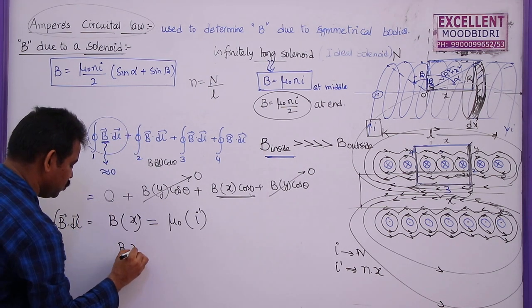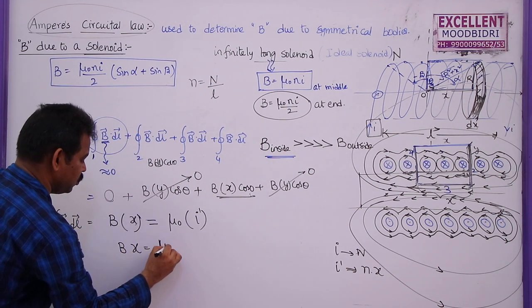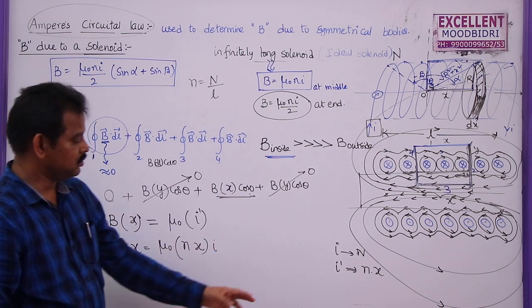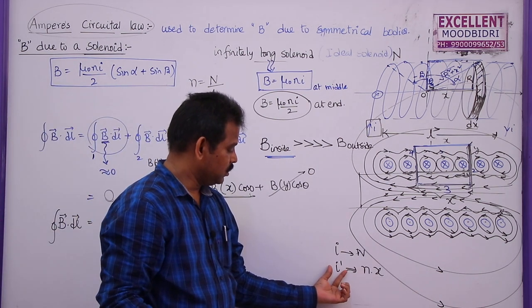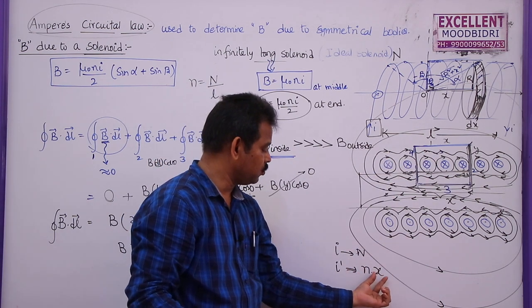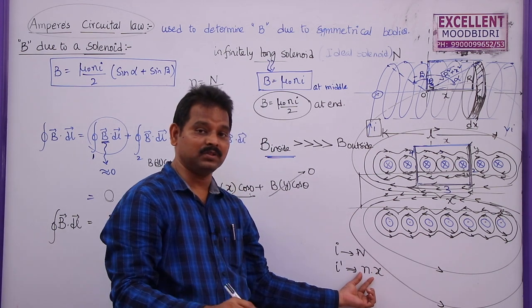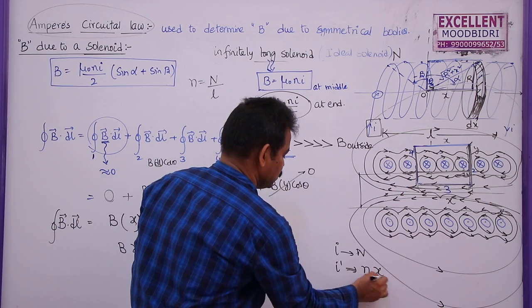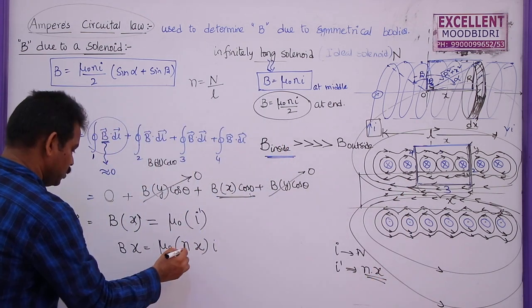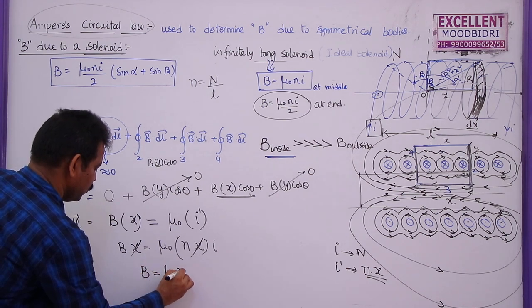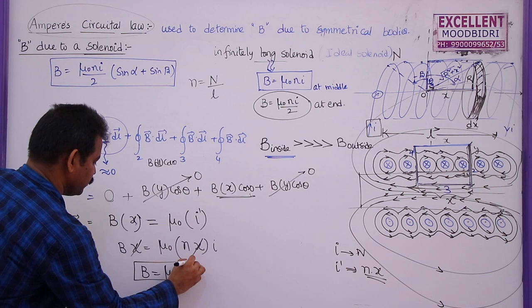So B into x is equal to mu naught into I dash, which will be n into x into the total current I, where n is number of turns per unit length and x is the length here. So this will be nx into I. You can cancel this x and x here. Magnetic field will be given by mu naught times n times the total current.